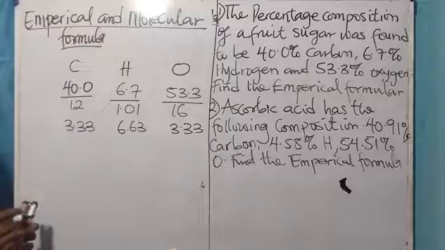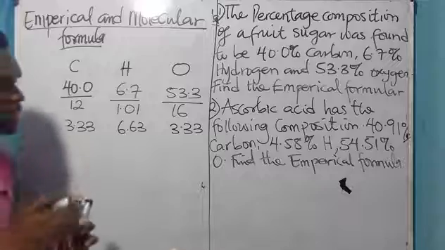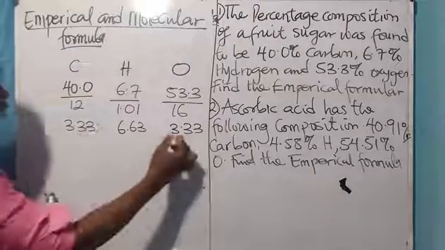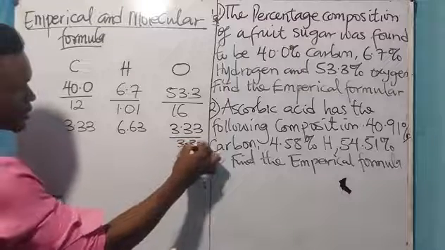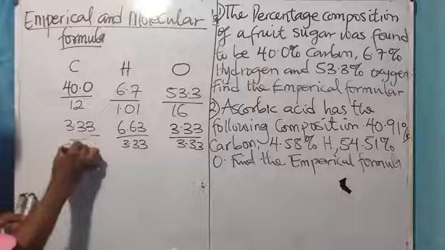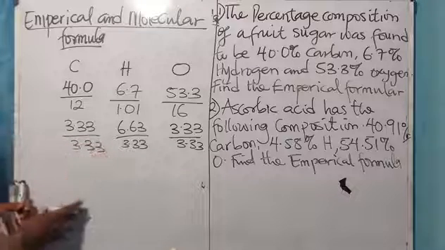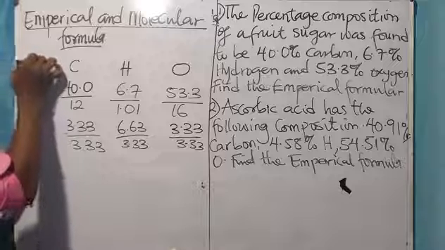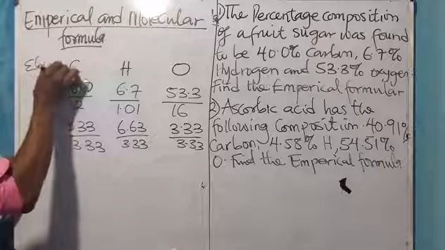Alright, so the next thing to do is to divide through by the least value. These are the smallest values: 3.33, 3.33, 3.33.